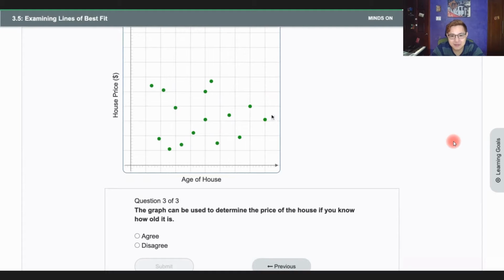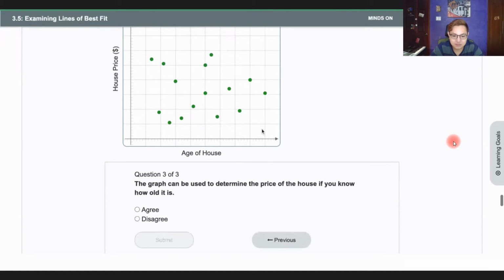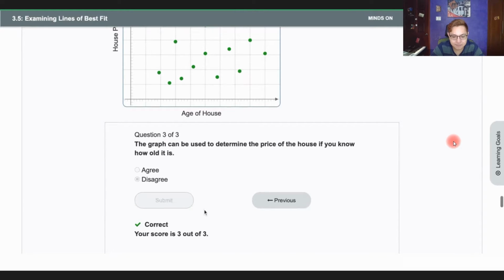You cannot determine it by looking at the graph because the points don't follow any kind of relationship or pattern. Yes, so this one is disagree. Okay.